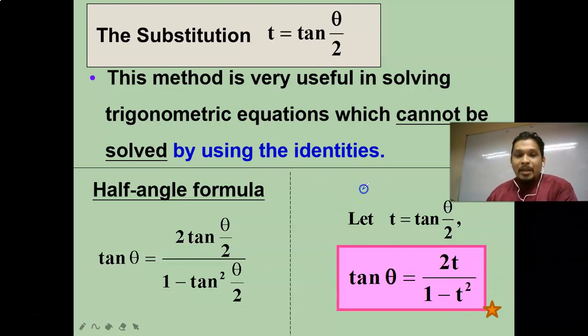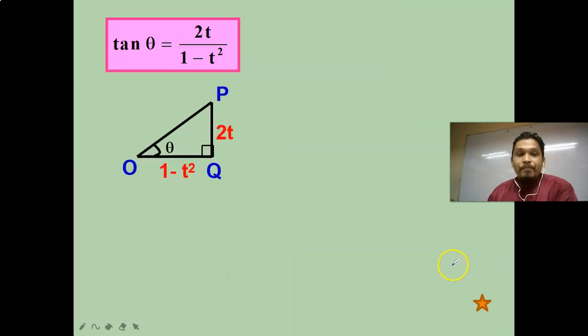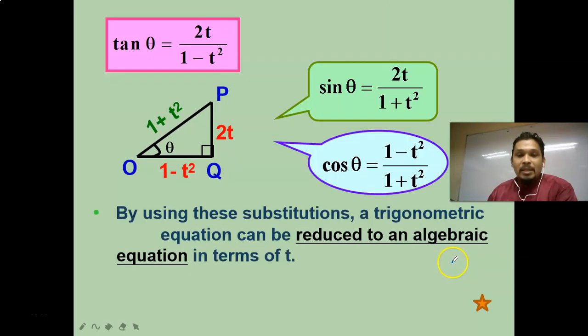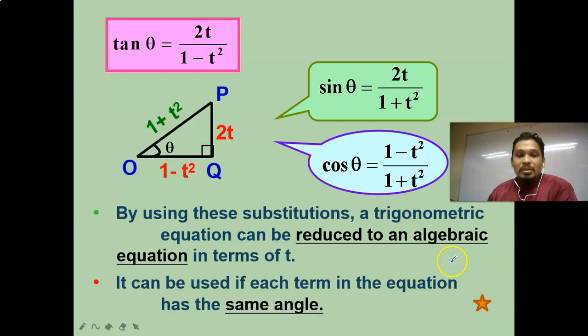Using the half angle formula, let t equal tangent theta over 2. Then we simplify as this one, 2t, and this one here. By using this substitution, a trigonometric equation can be reduced to an algebraic equation of t. It can be used when each term in the equation has the same angle.